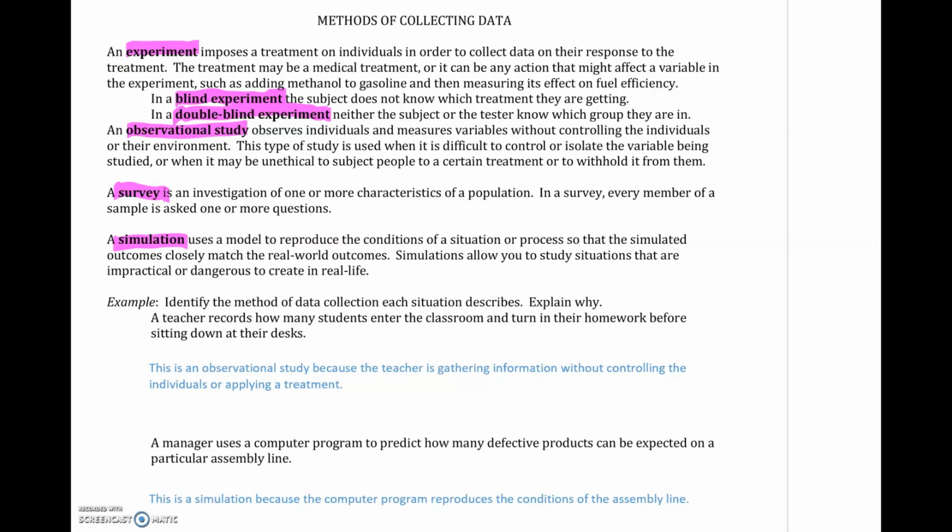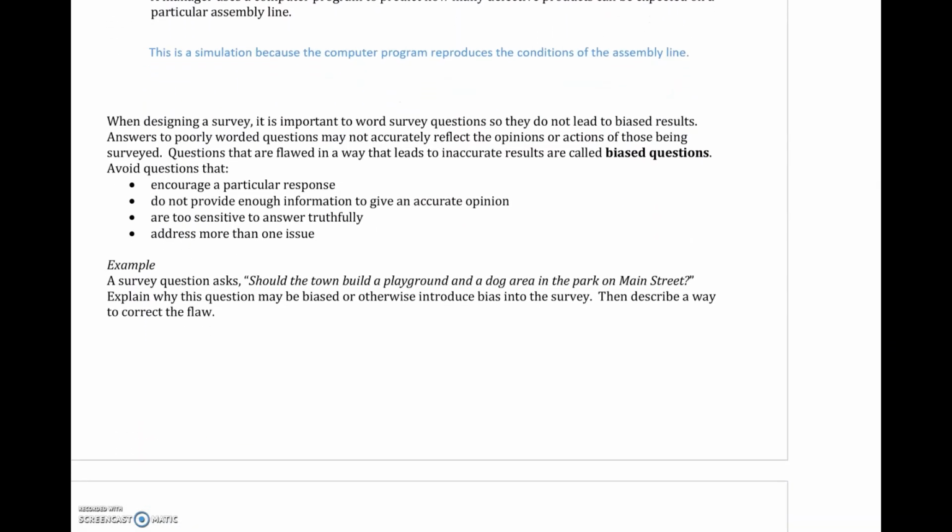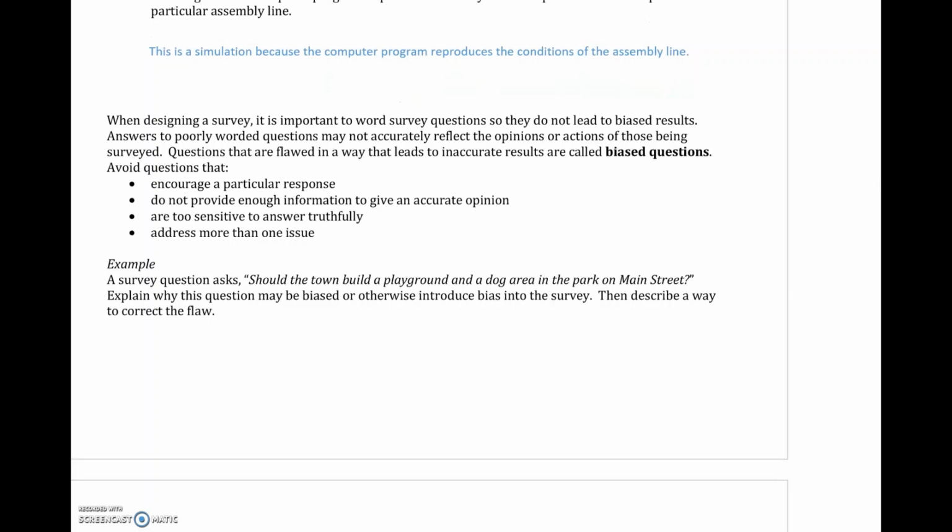The last one that we actually haven't talked about here is a survey, because we want to talk a little bit more about surveys. So if we scroll down, some key things to think about when dealing with a survey. When designing a survey, it's really important to think about the wording. You can spend a lot of time designing a survey. When I was in grad school, we spent, I think, three hours working on a five-question survey that we were going to use for teachers, because you have to be very careful.